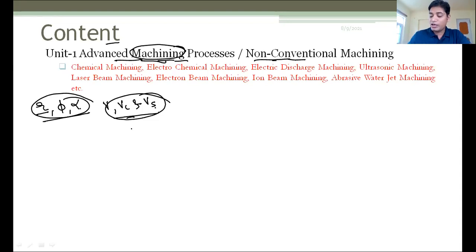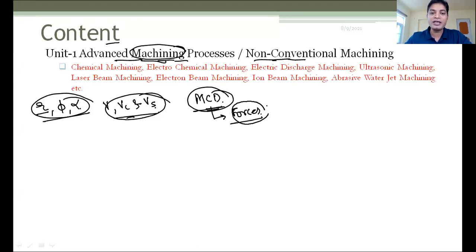Apart from that, we studied the Merchant circle diagram, MCD, in the third semester. In the Merchant circle diagram, we discussed the different types of forces. There are a total of 6 forces; mainly there are 3 forces: Fc, the main cutting force, F, the frictional force, and Fs, the shear force.